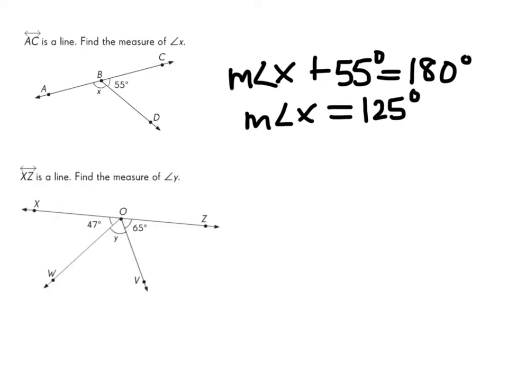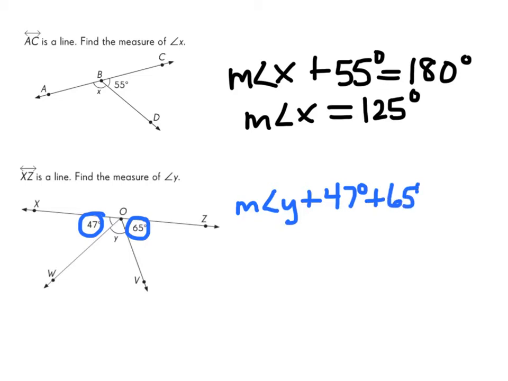Now let's solve a more complex problem. XZ is a line. Find the measure of angle Y. We're given two angle measures here. One is 65 degrees. The other is 47 degrees. So we know that the measure of angle Y plus 47 degrees plus 65 degrees will equal 180 degrees, our straight line. Let's begin by simplifying.